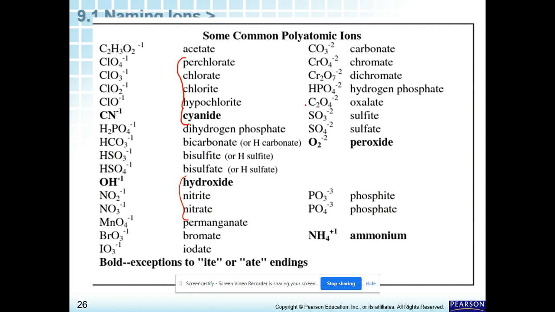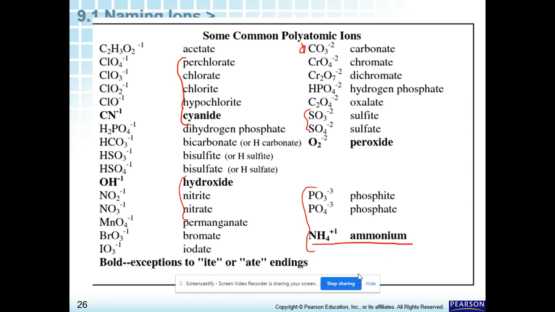And then I like to use carbonate, sulfite and sulfate, and then these ones down here. Notice that most of your polyatomic ions get a negative charge. There's actually one positively charged polyatomic that we use, and this one, ammonium down here, is really the only positive one that we like to mess with.